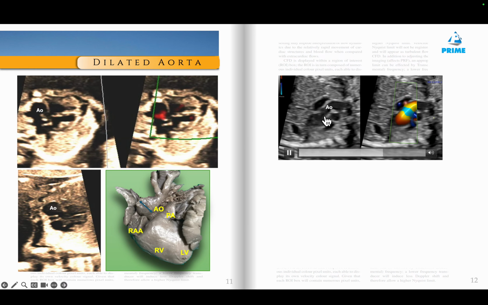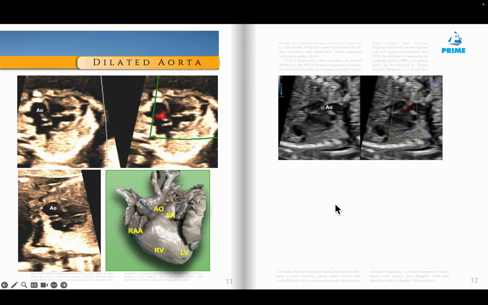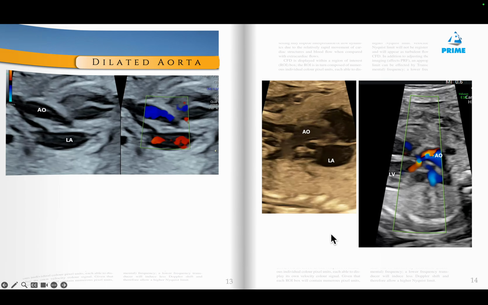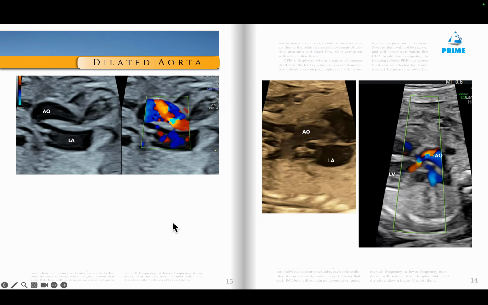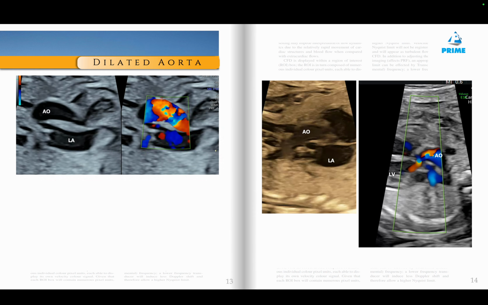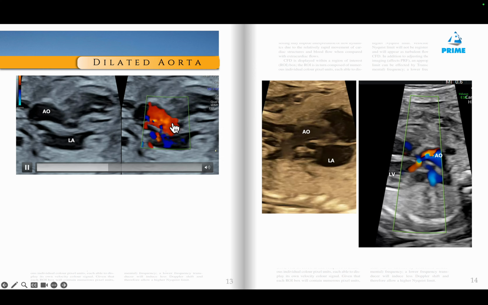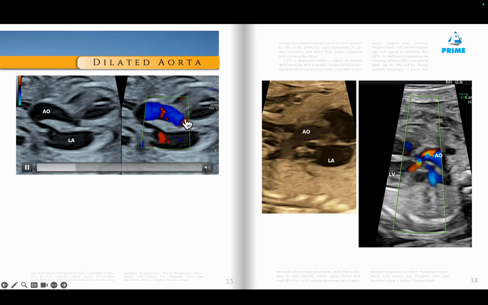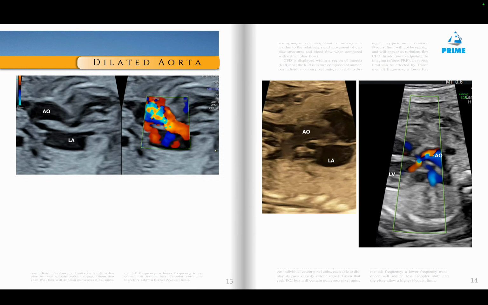And same, there is a patient of increased velocity across the aortic valve and dilatation of the aorta, and the commonest reason, as I told you, of dilatation of aorta is a bicuspid aortic valve, causing a mild to moderate aortic regurgitation.